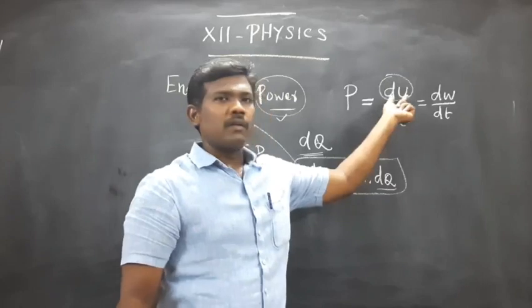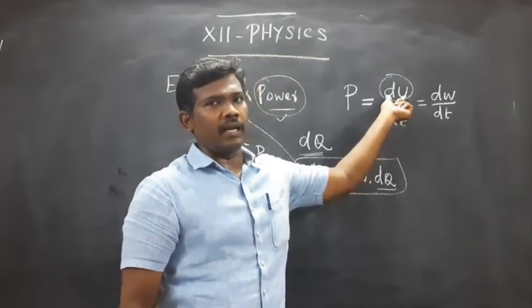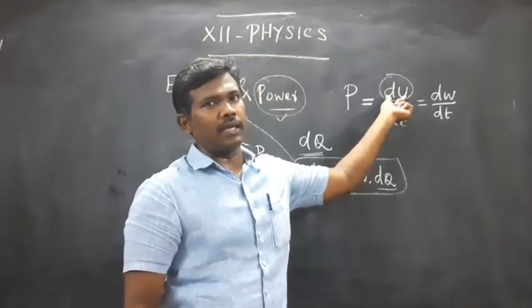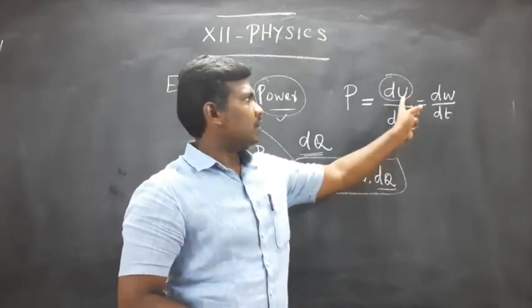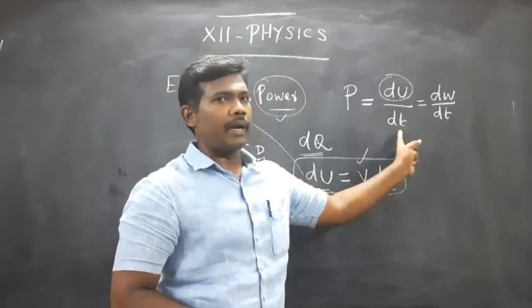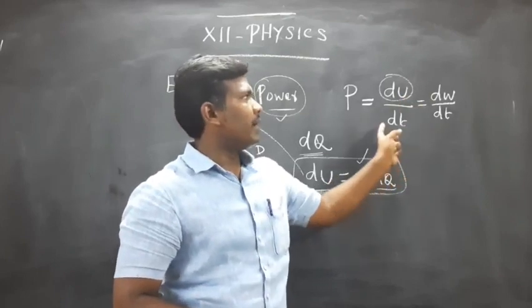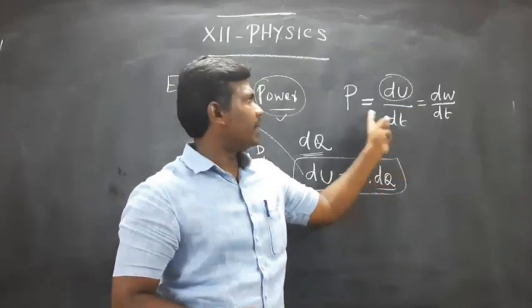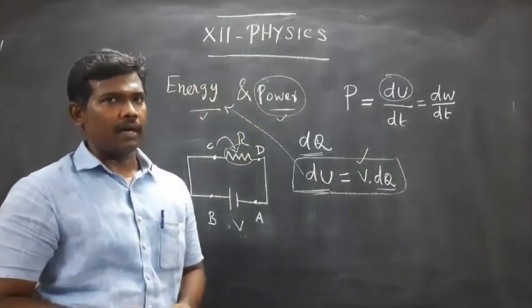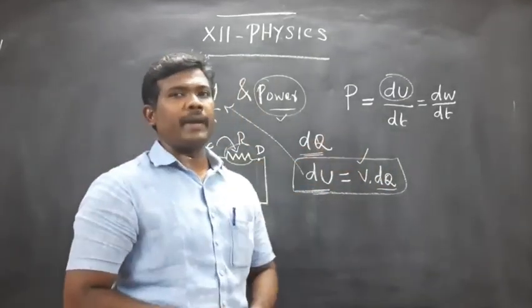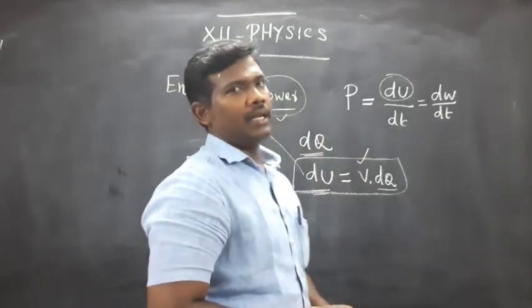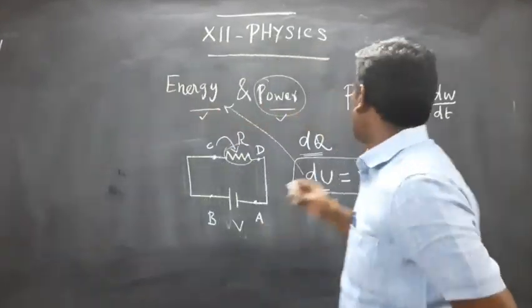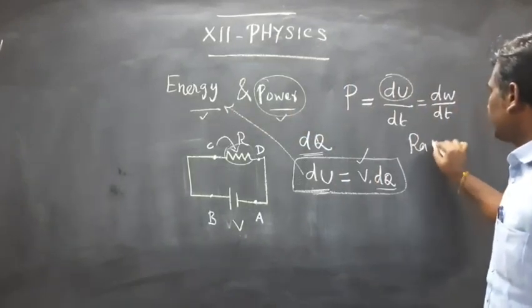This is the electrical potential energy. So electrical potential energy divided by time taken. The ratio between the electrical potential energy and the time taken is called power. Power is defined as the rate of energy.